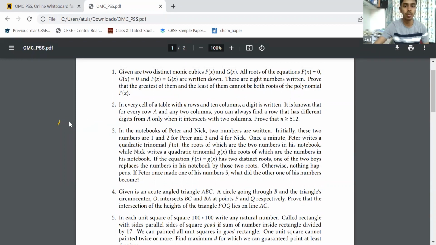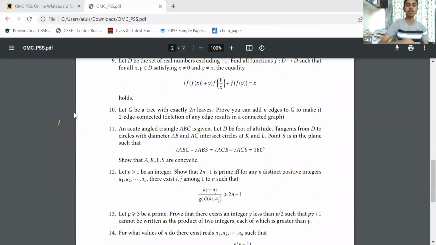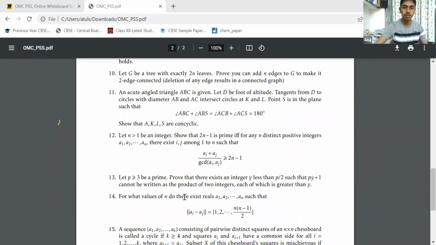Does anyone have any suggestions on what we would do next? 11, okay. 11 is the geo. I'll wait for a bit while everyone chooses what they want. 11, 13, and 15.